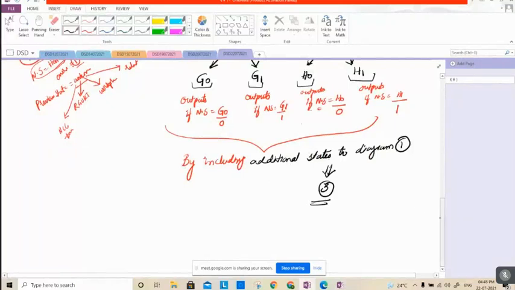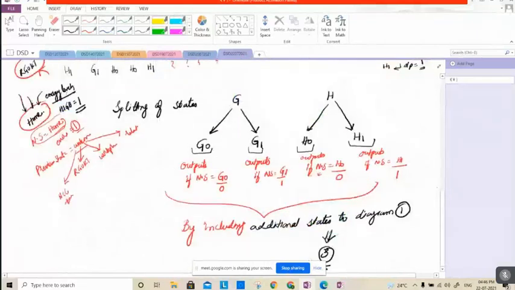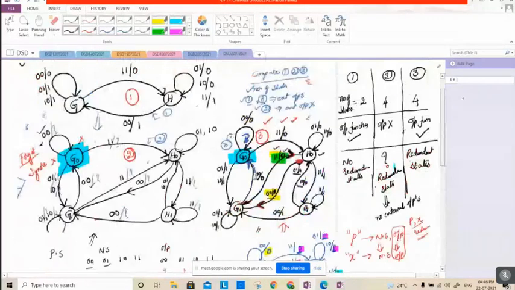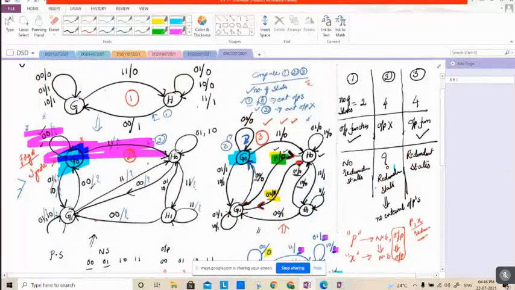And we have discussed the differences between diagram 1 and diagram 3. Now what about diagram 2, which is available? What can be done for this?